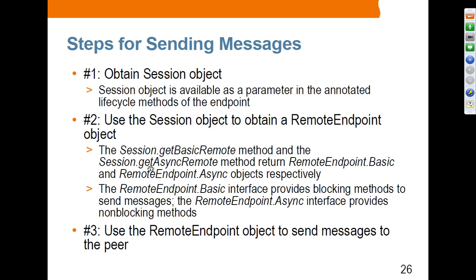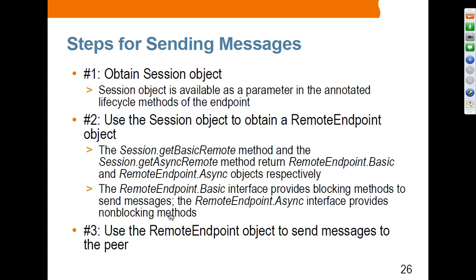If you want to have an async operation, then you're going to call getAsyncRemote. The getBasicRemote method will return a RemoteEndpoint.Basic object, and the async one will return an Async object, respectively. The Basic interface provides a blocking method to send messages, and the Async one provides a non-blocking method.